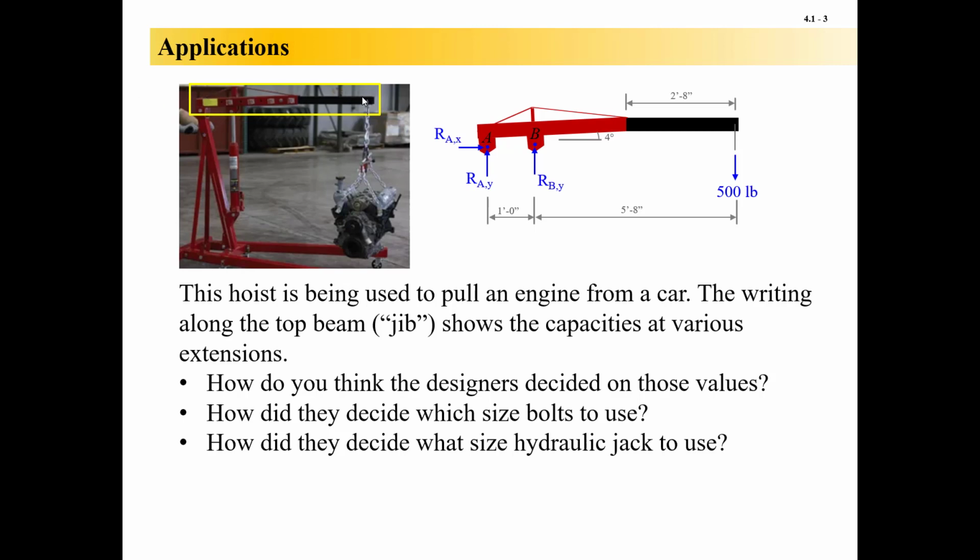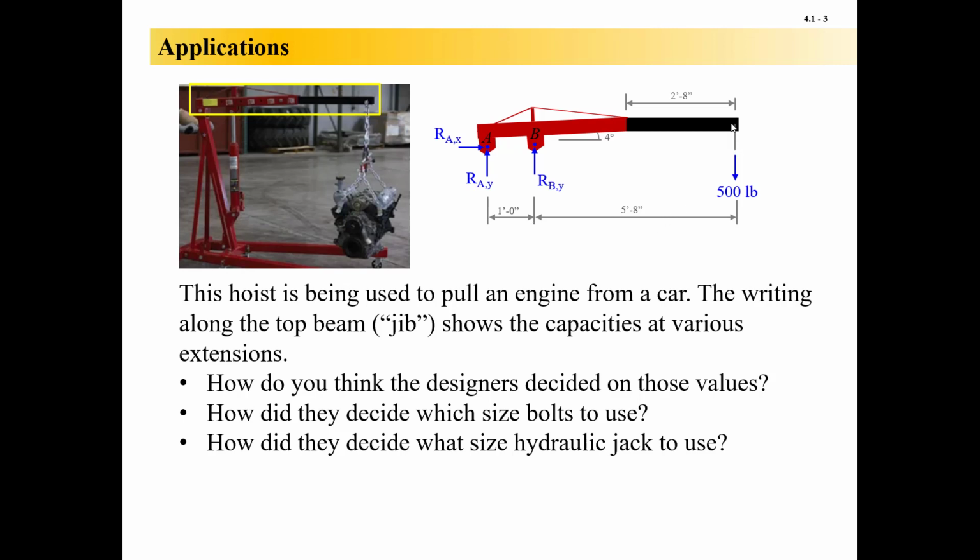So we could look at this jib right here and turn it into a free body. I don't know if these dimensions are perfect; I kind of scaled it to a degree here just to give you an example.